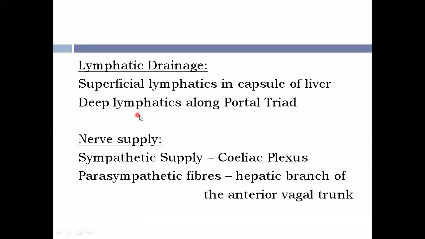Then what about the deep lymphatics? The deep lymphatics are present around the portal triads. Then nerve supply. Sympathetic supply is provided by the celiac plexus, and parasympathetic supply is by the hepatic branch of the anterior vagal trunk.